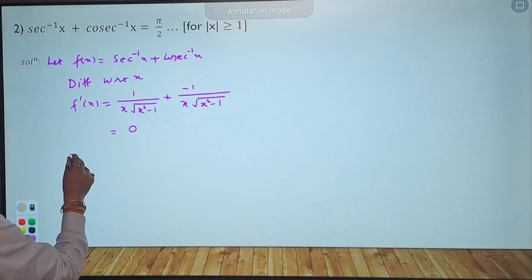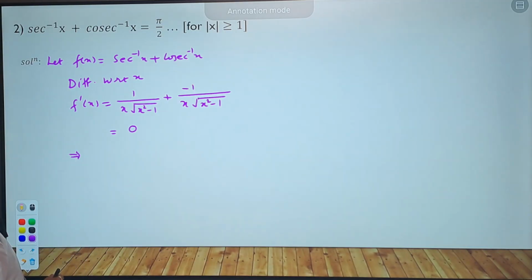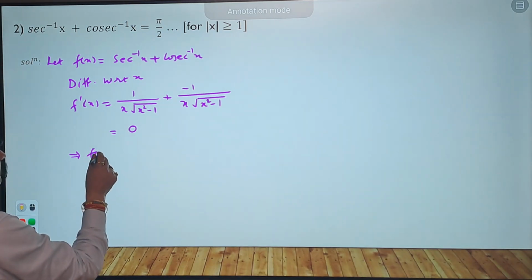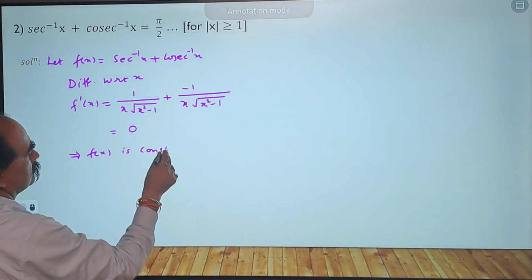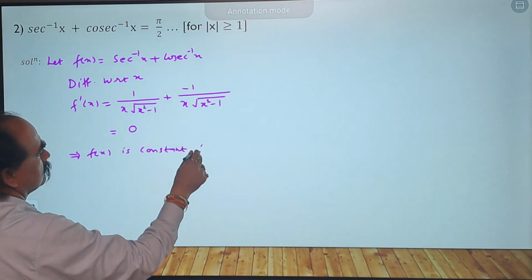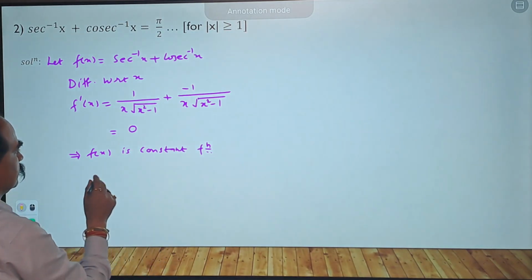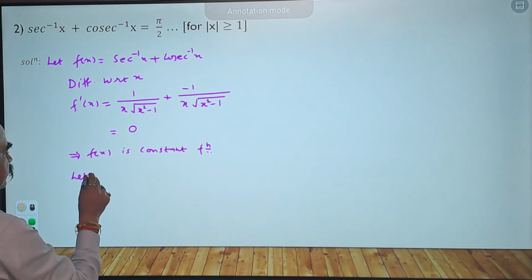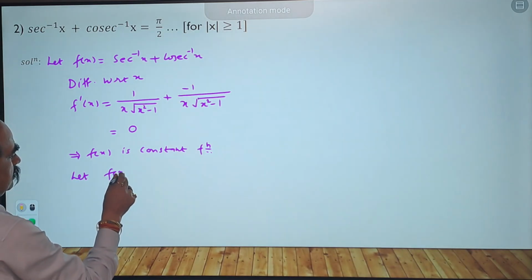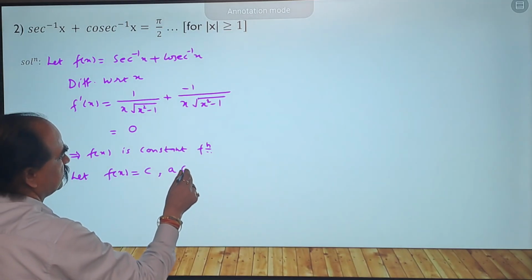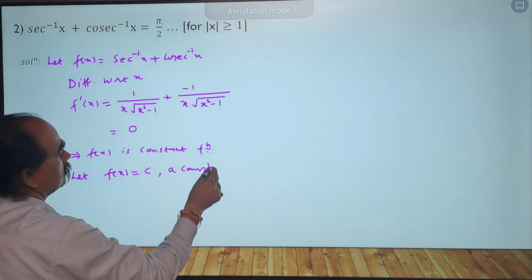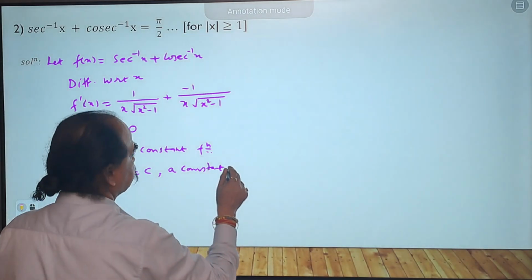So this implies first order derivative 0 implies f x is constant function. Let f x is equal to c, a constant for all x.